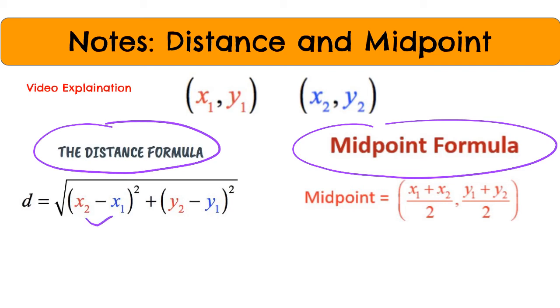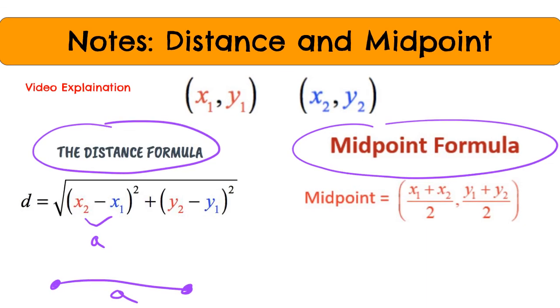x2 minus x1. That's the two x values of your triangle. That's just the distance of the side of a triangle. So maybe it's something like a, the distance between those 2 points. And then y2 minus y1, that's like the vertical of your triangle. I'll call it b. So it's y2 minus y1, the distance between those 2 points that are vertical. And then we just use that, squaring those values, adding them together, and then taking the square root to find the longest side, c.